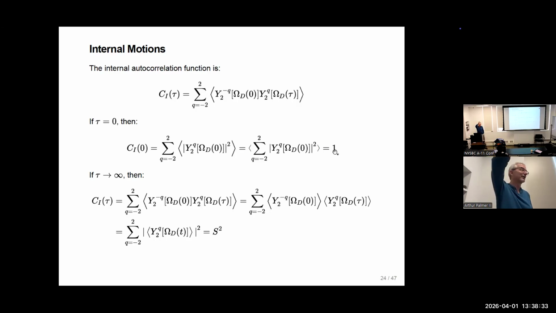So our internal autocorrelation function will start at 1, and then will decay to the average of the product of the spherical harmonics. It's the same argument. And this is called S squared in the literature, the generalized order parameter. So that's true pretty rigorously, just based on the statistical properties of the spherical harmonics and the properties of the autocorrelation function.